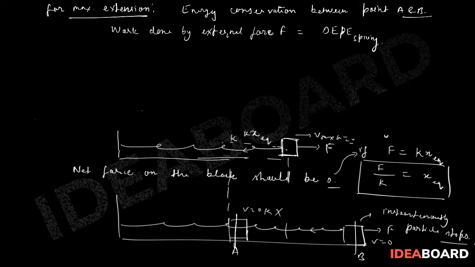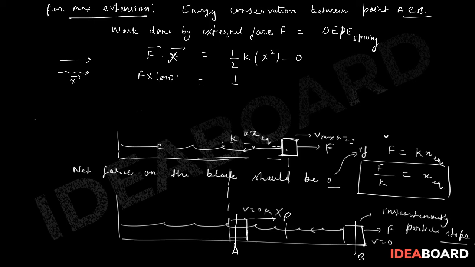Correct? So work done by the external force F is F dot capital X, which is equal to half K capital X square minus 0, since initially it was not stretched. Now F is in this direction and X is also in this direction, so theta is 0. So this is F X cos 0 equals half K X square. This X is cancelled out. We achieved the value of X as 2F by K.